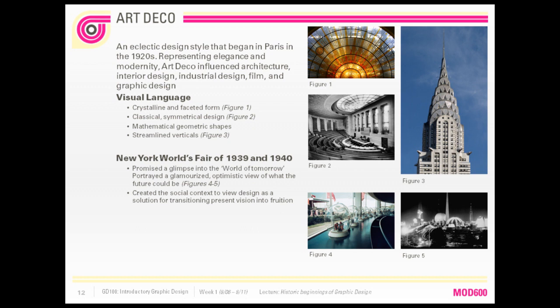It was a huge event, and they would see in this fair what the future would be like. And what this did was it created the social context to see design as a solution for transitioning today's vision into tomorrow's fruition. And it socialized design as a valuable tool that's going to take society forward.